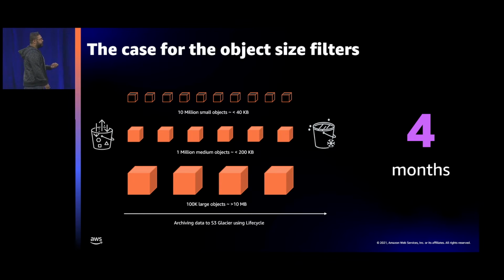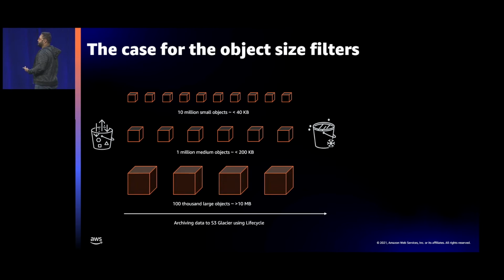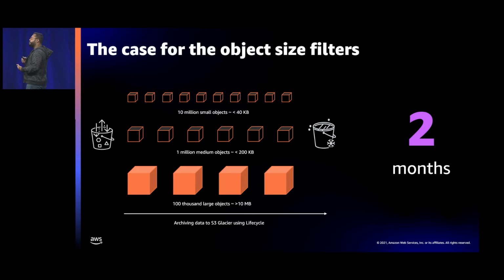And you can do this by using the object size filter. Going one step further, if I exclude the small and the medium-sized objects, you can see that my payback period gets even lower. So this is the most efficient way to optimize your cost when you're archiving your data that you don't need as often.